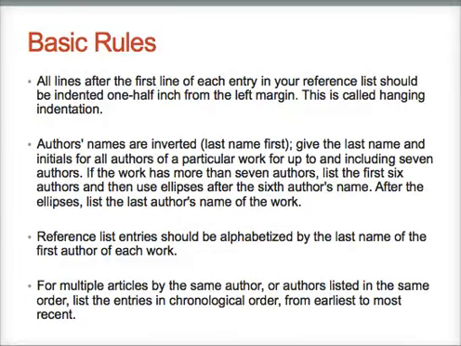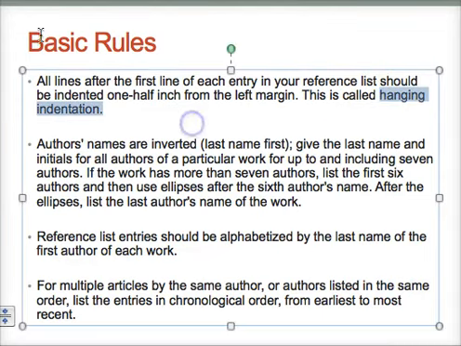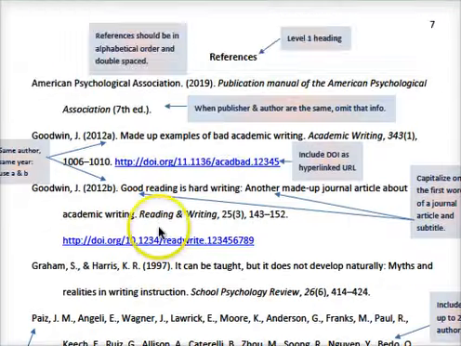So the first one is all about hanging indent, and that's our formatting style. So the first line of the reference is not indented. It's the second or third or fourth line that comes after it. So let's take a look at what that looks like for a moment.